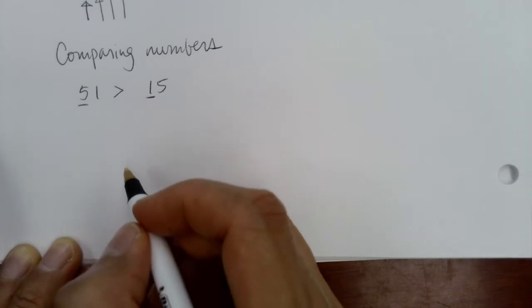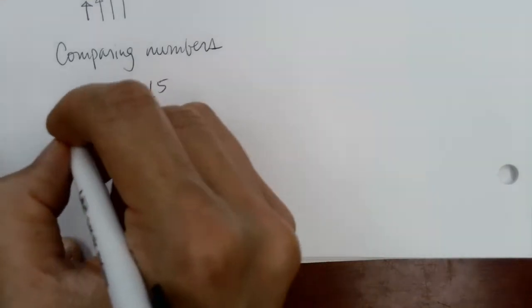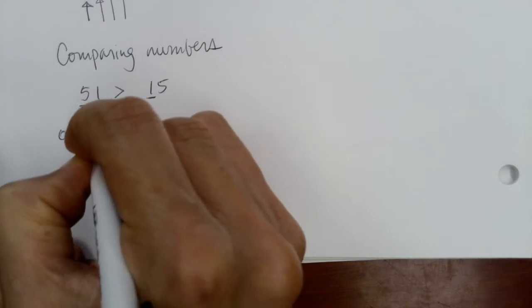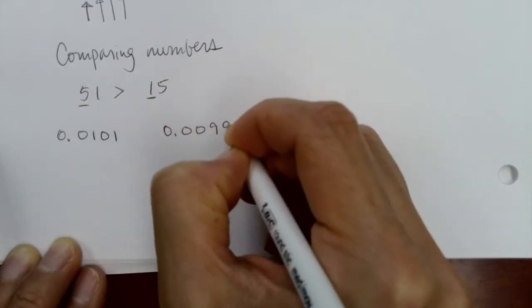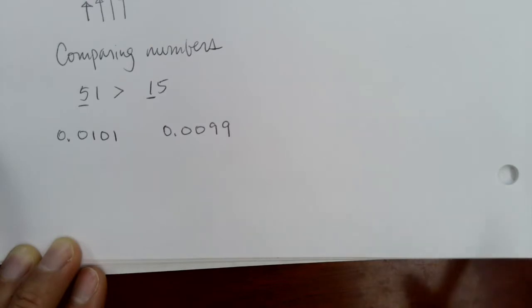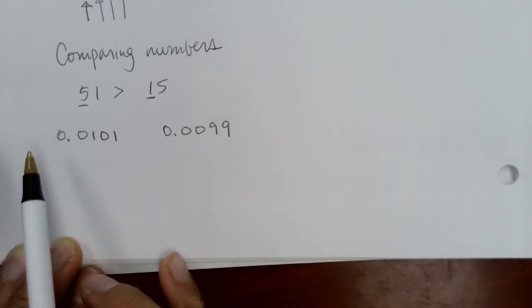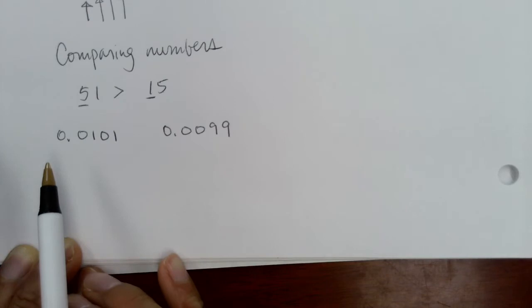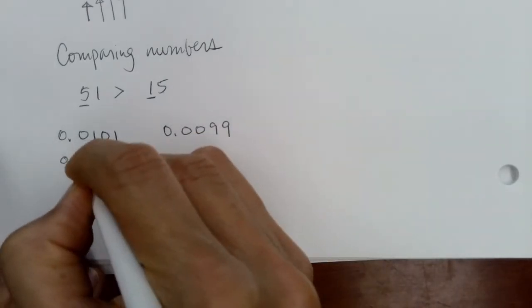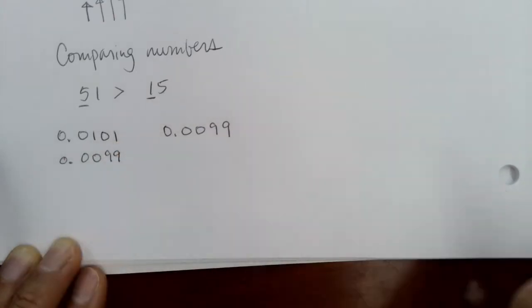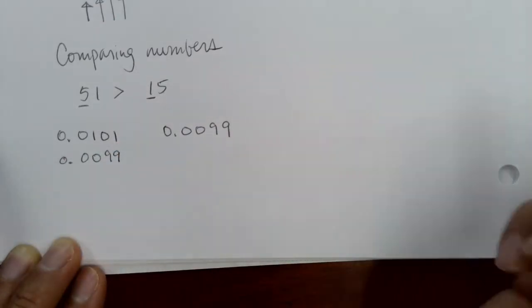We can carry this same idea over to decimals. Let's take these two, for example. There are two ways to do this. One way that I like is to stack them vertically, especially when you have a lot of digits.